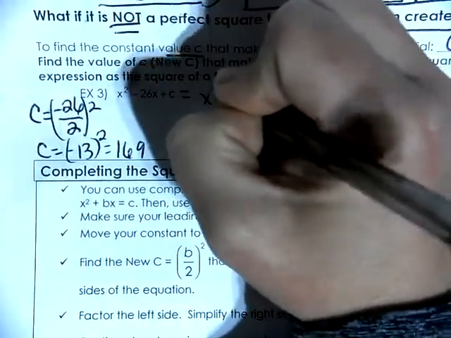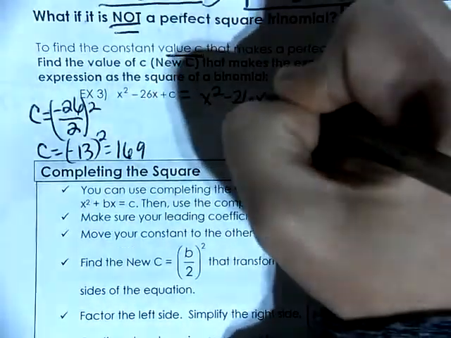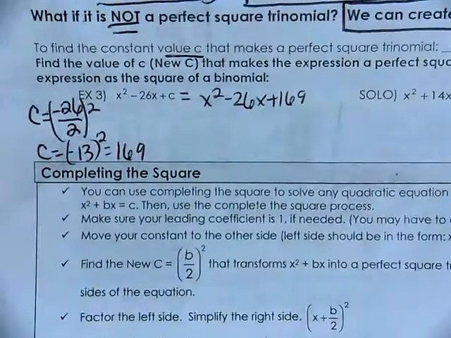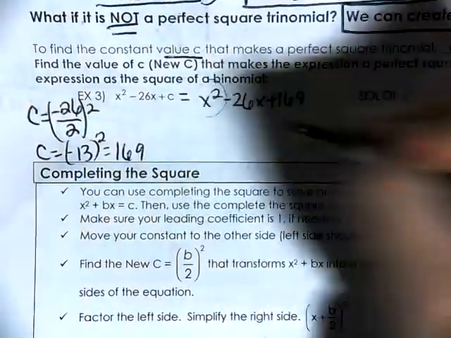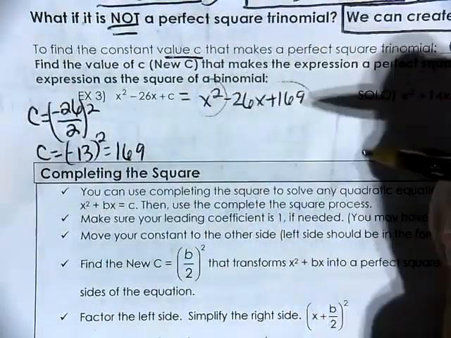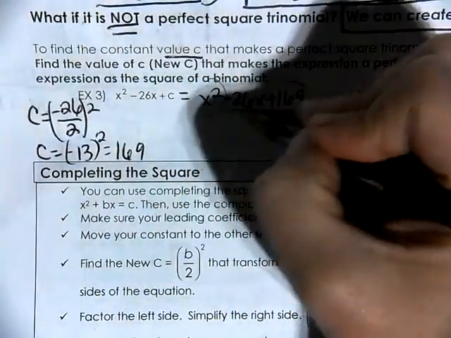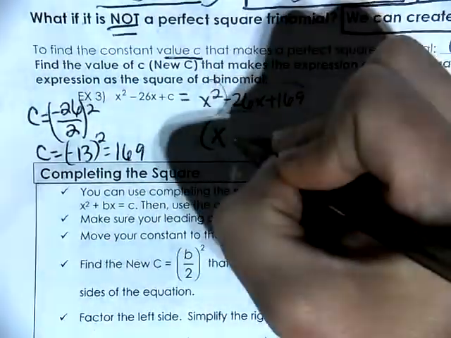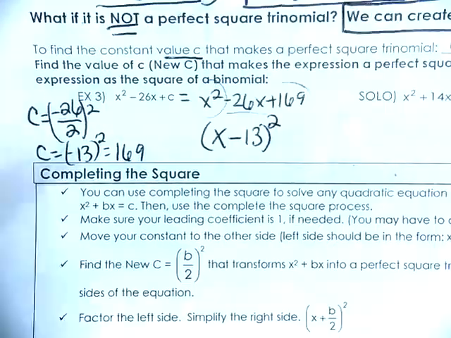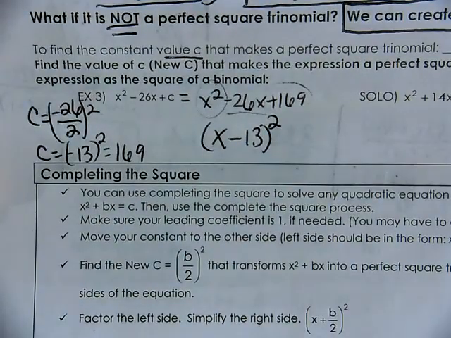So if this was x squared minus 26x plus 169, that's a perfect square trinomial, where our first term is a perfect square, our last term is a positive perfect square, and our middle term is a very special even number. So therefore, it's going to be x minus 13 squared.